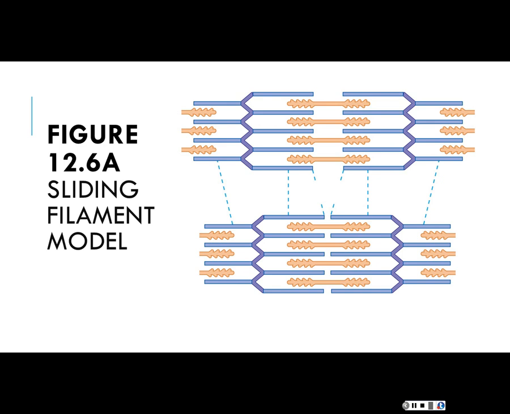So let's just go ahead and practice. I want you to highlight the A band, the I band, and I guess we can do the H zone as well. In each the contracted versus the relaxed state. So label on here the A band, I band, H zone.